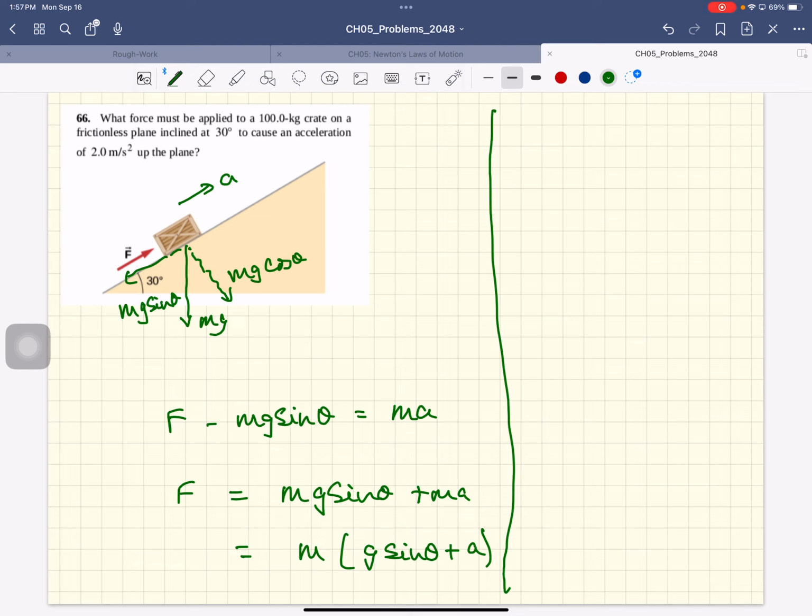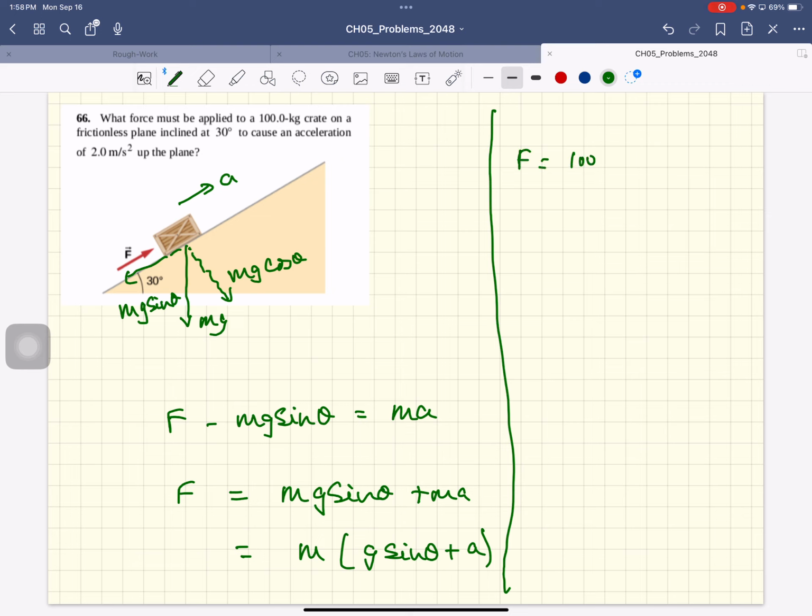Okay, we'll put in the numbers. So you can put in the numbers here. That would be 100 kgs. That would be 9.8 meters per second squared. Theta is 30 degrees. And the acceleration is 2 meters per second squared. All right, I'll go ahead and do that, and then we'll do it the real way.